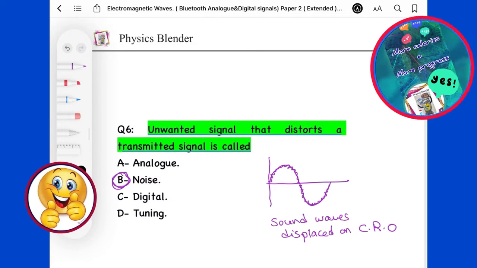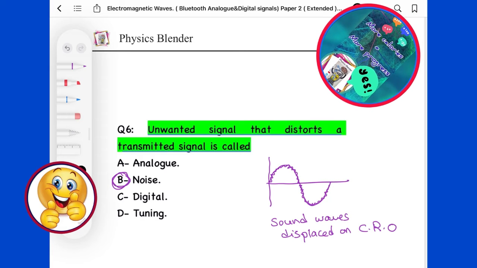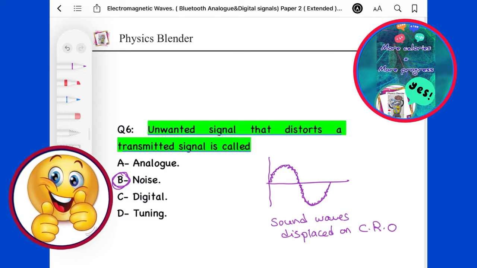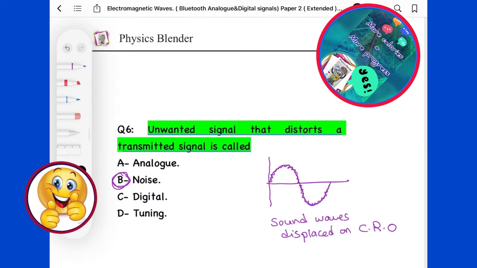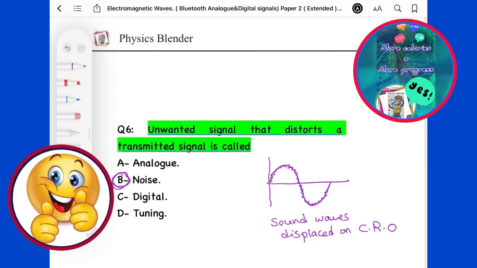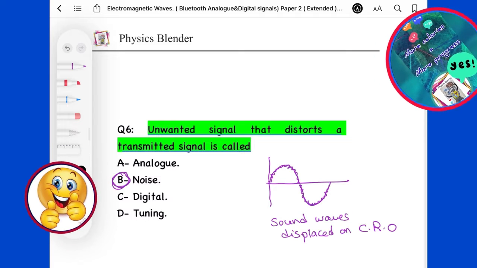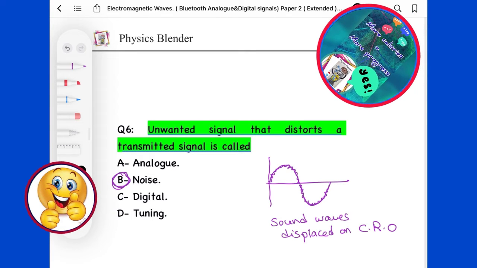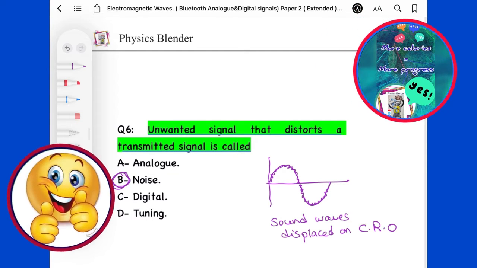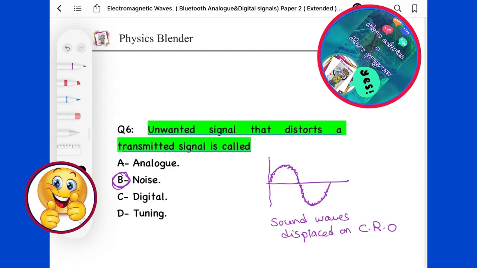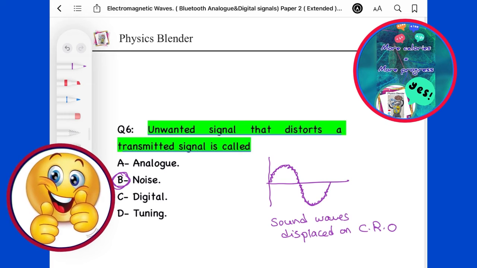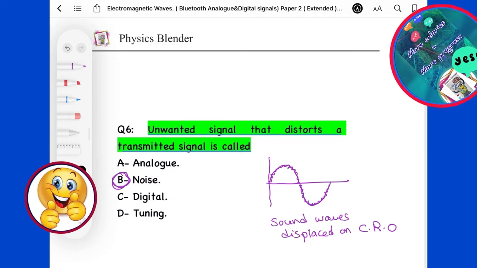So this will be one of the disadvantages of analog signals, that it could be not accurate, and there will be noise while transmitting this kind of signals. Okay, we will discuss this more later on in other questions.